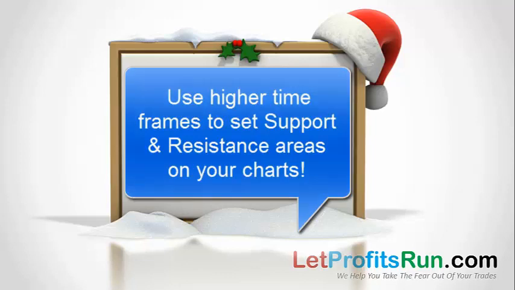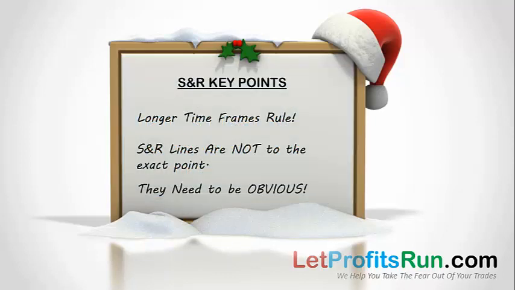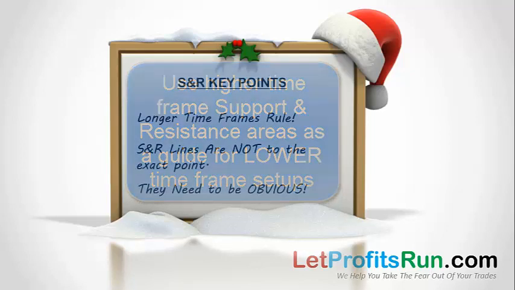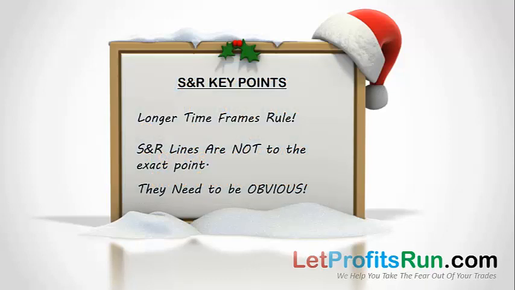That doesn't mean that you are trading only in a weekly time frame. It's just that you are using those areas as a guide for trading lower time frames, for instance, maybe 60 minutes or even daily. By using only the longer time frame support and resistance areas, such as weekly, you eliminate a lot of junk on the charts.